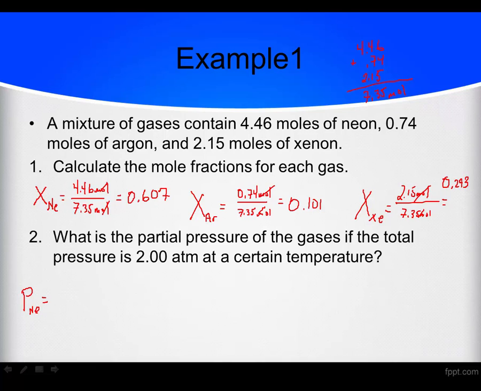So we take the 0.607 mole fraction and multiply it by the 2.00 atm. Unitless times units gives me units, so 0.607 times 2 gives me 1.21 atmospheres due to the neon gas.